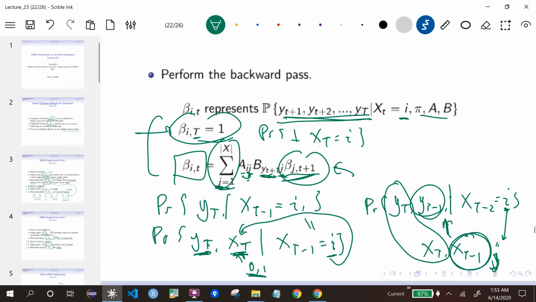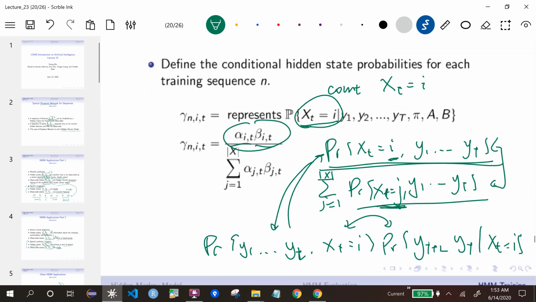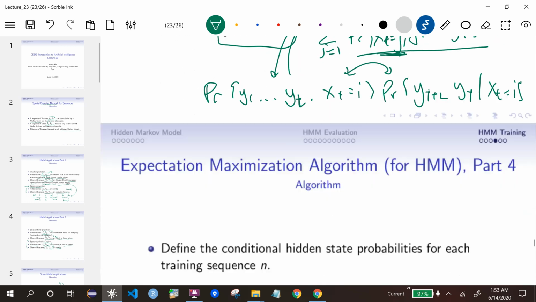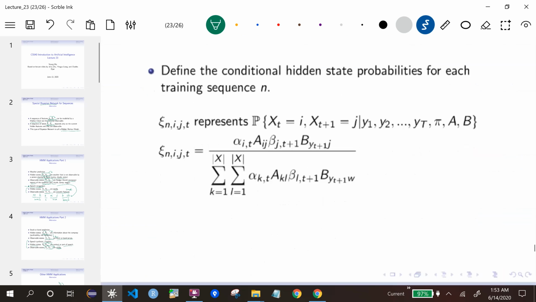Now you see why we are computing these betas and these alphas, right? We just need them here to get the combined probability that the hidden state at time t is i, given the sequence that we observed, given the training data, basically. So this formula should be easy to understand. And let's move on. This one looks more complicated.